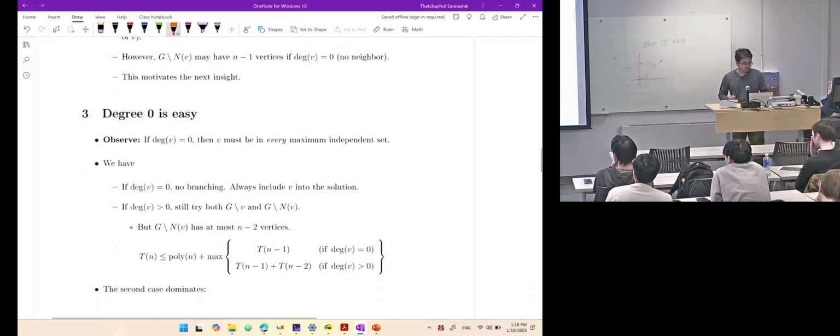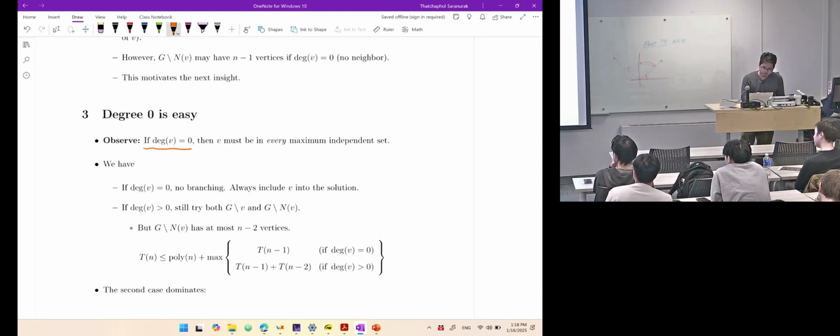So that's the point. If degree of v is 0, it must be in every maximum independent set anyway. We need to include it. So if degree of v is 0, there's no branching, there's no guess. Just include it. And if degree of v is more than 0, then just use the same algorithm like before, try both.